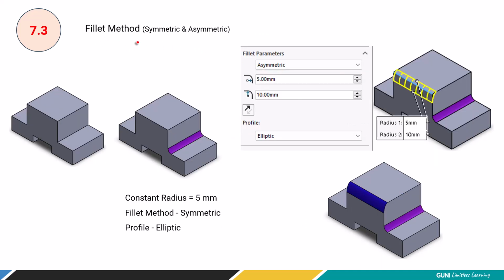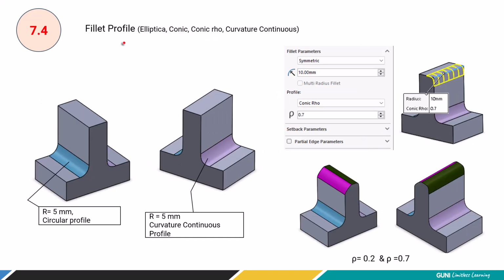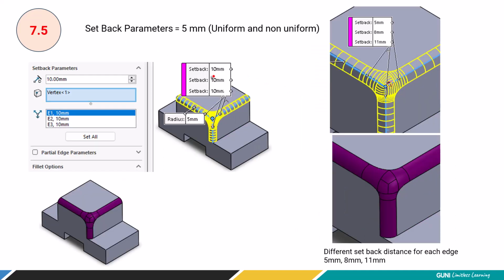In 7.3, we are going to explore the fillet parameters called symmetric and asymmetric. Here we are going to explore the effect of profile. In 7.5, we are going to learn how the setback parameters are helpful to achieve a smooth transition at the corner.